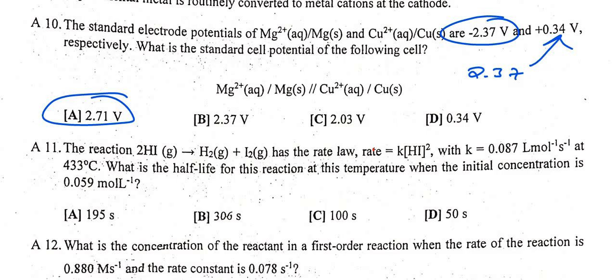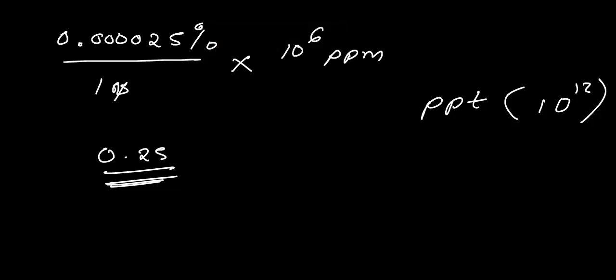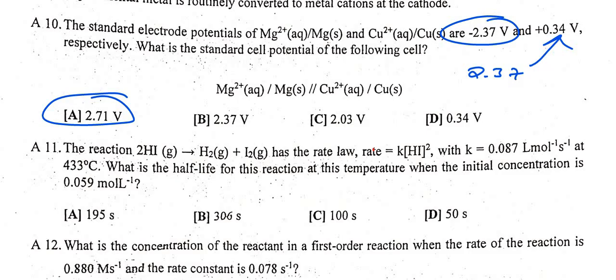Yeah, so if it's a second order reaction, we always say what? The half-life is equal to 1 over K times the initial concentration. So now the question is asking about K. K is given. They're saying the rate constant is that.